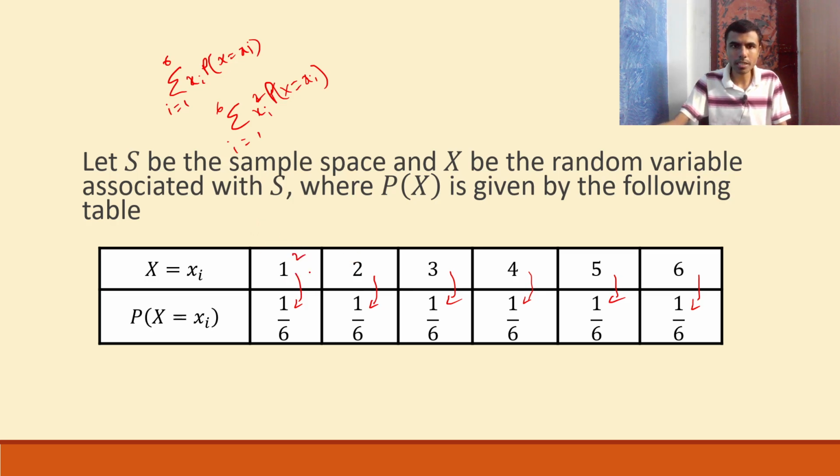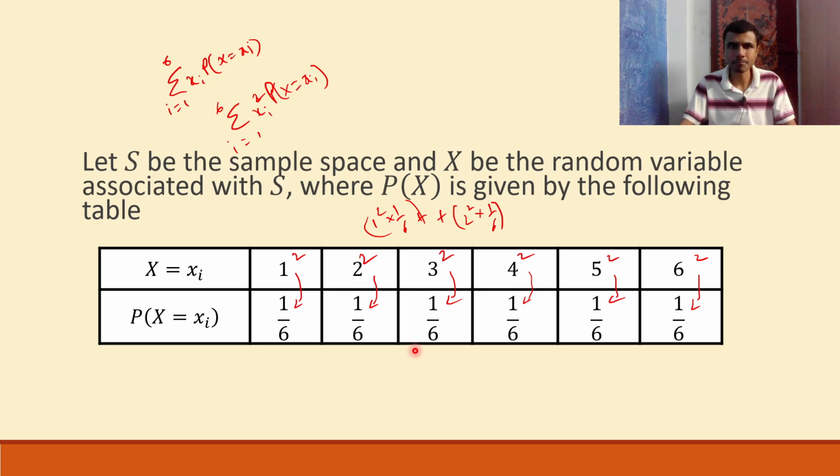So 1 square into 1 by 6 plus 2 square into 1 by 6 plus 3 square into 1 by 6 plus 4 square into 1 by 6, 5 square into 1 by 6. Like this it goes on, up to 6 square into 1 by 6.